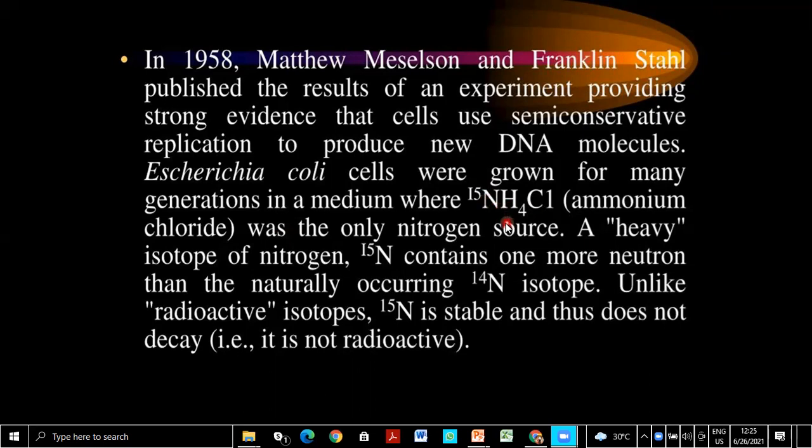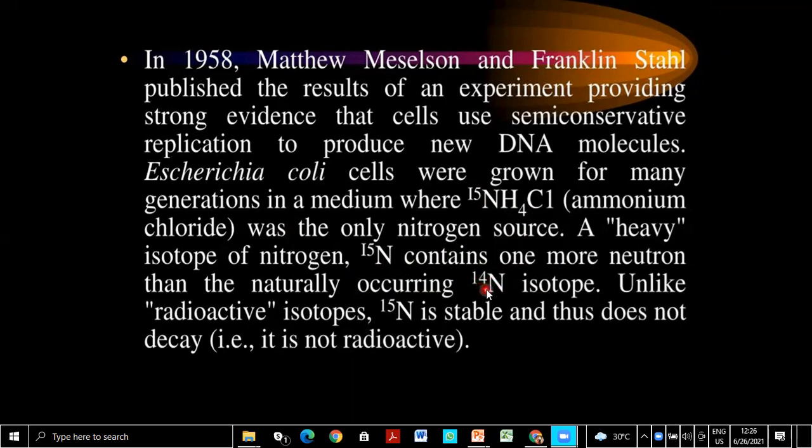Okay, the heavy isotope of nitrogen, this is 15N, which contains one more neutron. The naturally occurring one is N14, so normal bacteria will contain N14 wherever there is nitrogen in the nucleotide nitrogenous bases.